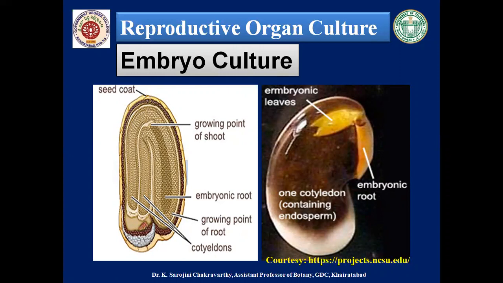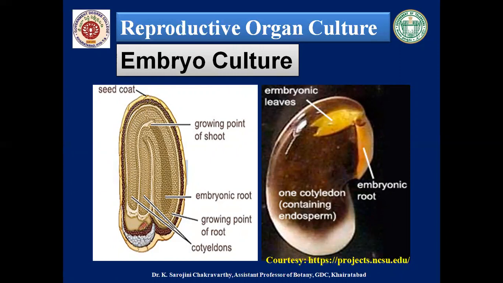The typical seed embryo is a bipolar structure consisting of a contrasting meristem at each pole, that is the shoot primordia or plumule, and the root primordia or radicle, and one or two lateral appendages, the cotyledons. The mature embryo possesses the basic organization of an adult plant.